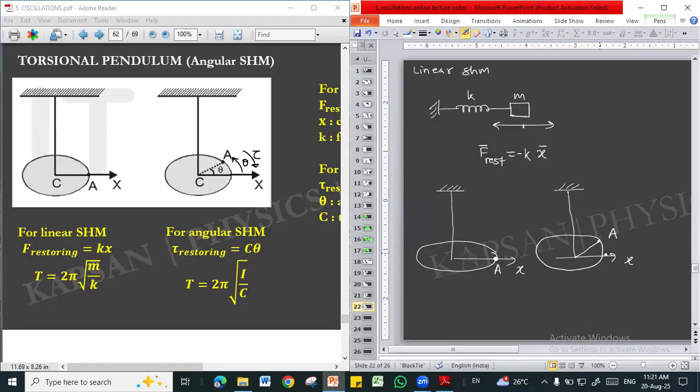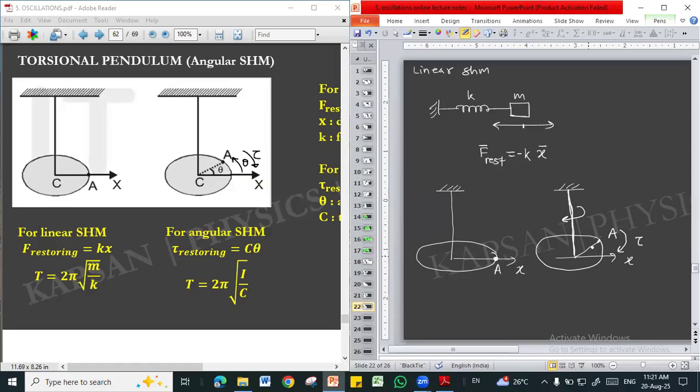Due to rotation of the disc and shifting of point A, this vertical wire will get twisted. Now the wire will try to regain its original dimensions, so it will try to come back. While trying to come back, it will apply the reverse torque or restoring torque.